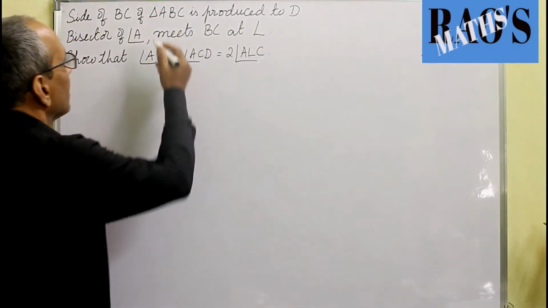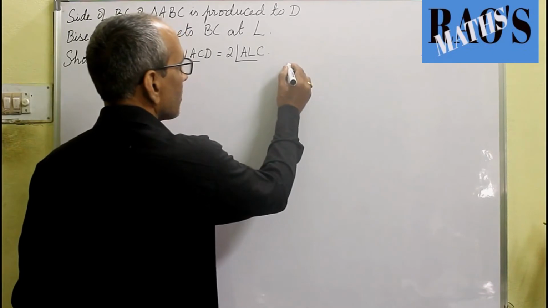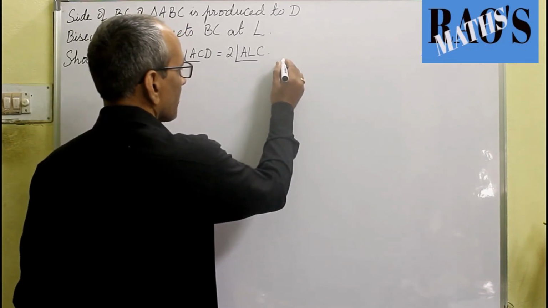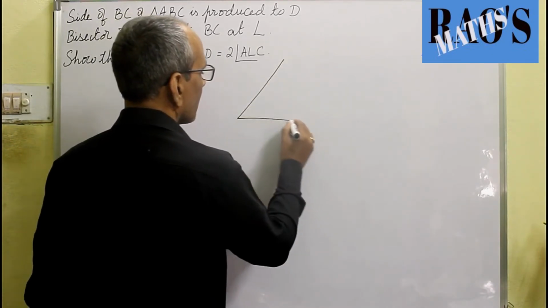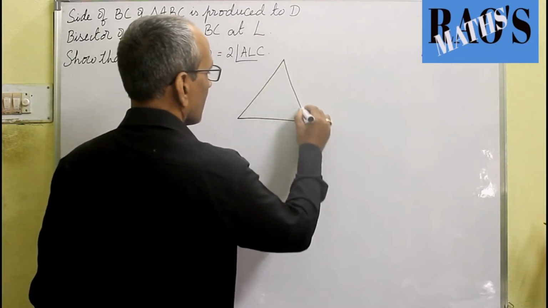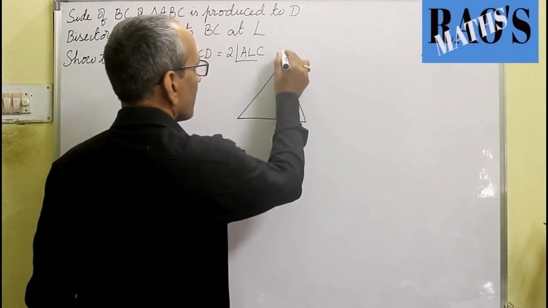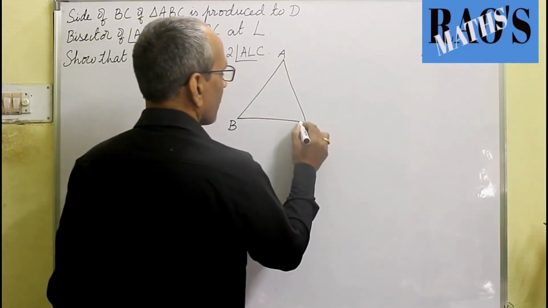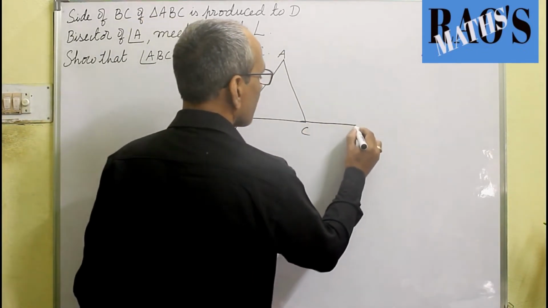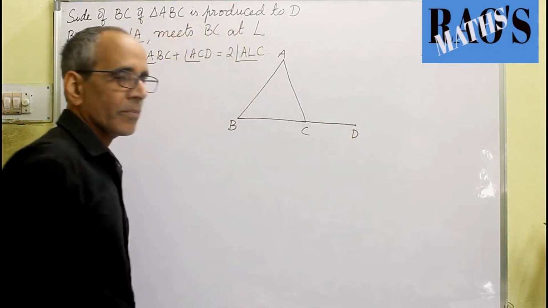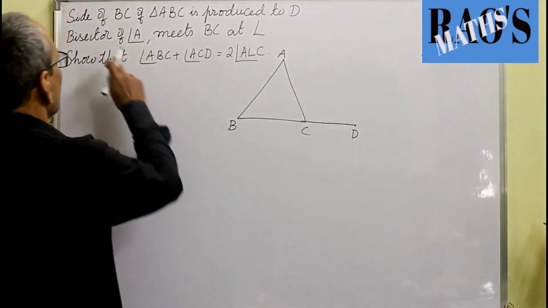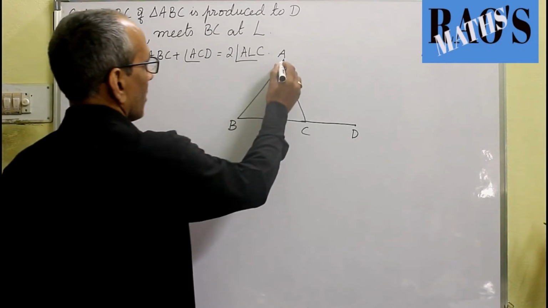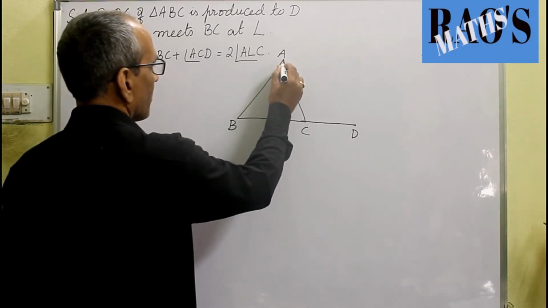So it is clearly said that we have a triangle ABC, where the first statement is BC is produced to D. And the bisector of angle A, so this is the bisector I am drawing.